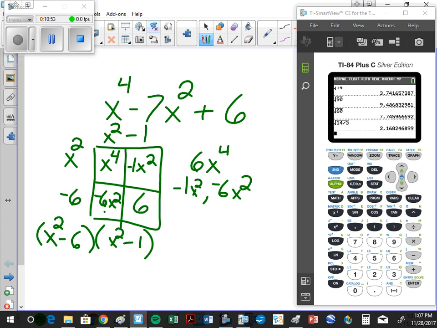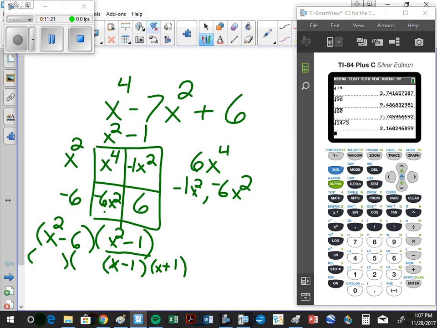Do those go any further? I can't take an x out. But this one is a difference of squares: x times x minus 1 times 1. How does that factor? Do you remember? X minus 1 and x plus 1.